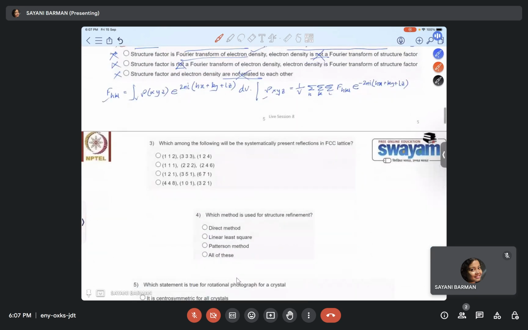Now the next one is: which among the following will be the systematically present reflections? Please note, systematically present, not absent. Okay. So the condition for an FCC lattice to be systematically present is that HKL should be all odd or all even.